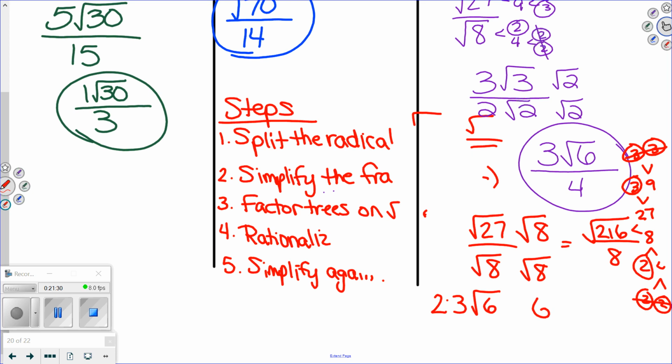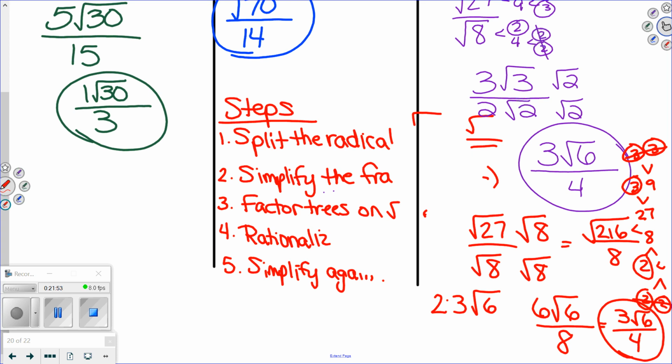Okay, so that's 6 radical 6, and all of that was over 8. Still not done, because then I have to simplify 6 over 8. Simplifies to 3/4. So that's 3 radical 6 over 4. I can get there, but my numbers are harder to work with, okay?